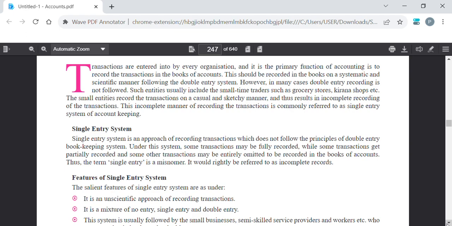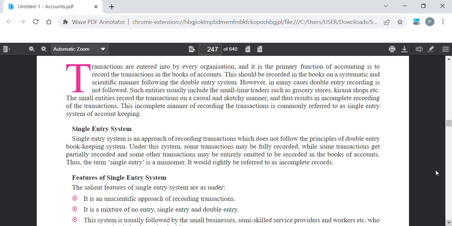So in single entry you record some transactions, you don't record some, and you record some in a partial manner. Thus, the term single entry is a misnomer. It would rightly be referred to as incomplete records.